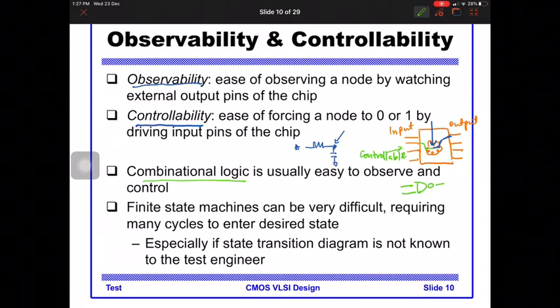So this is combinational logic. The other one is the finite state machine. The finite state machine is difficult because it requires a clock, right? And the finite state machine usually involves a D flip-flop or a JK flip-flop, anything to do with a clock. So these can be difficult to control.